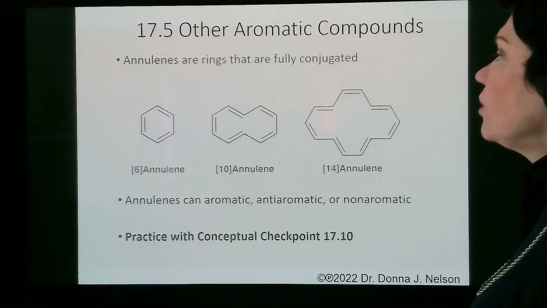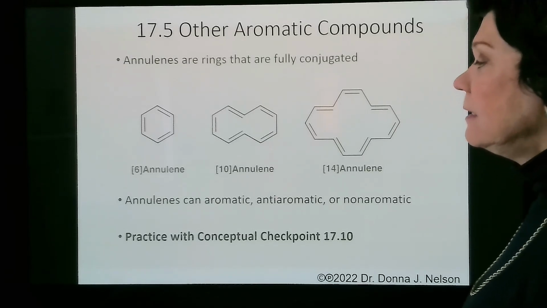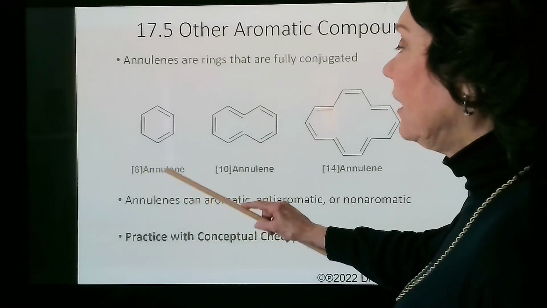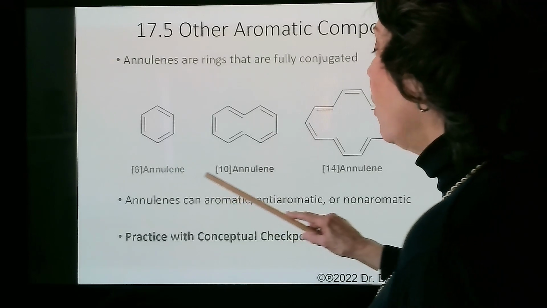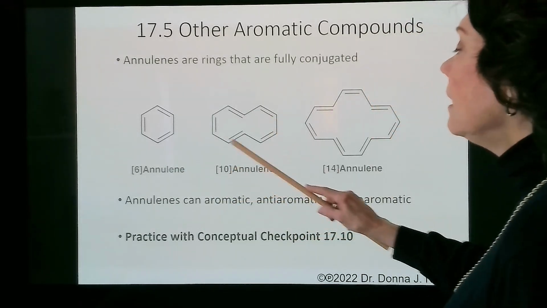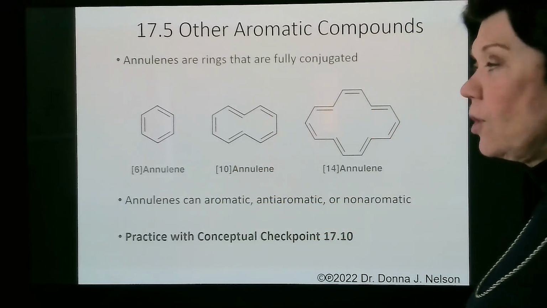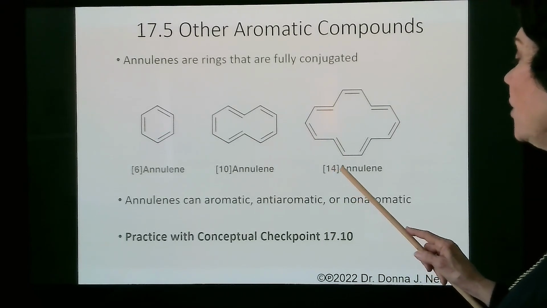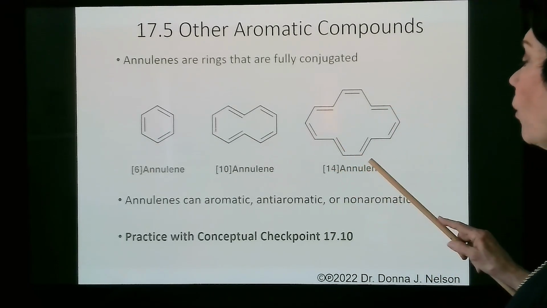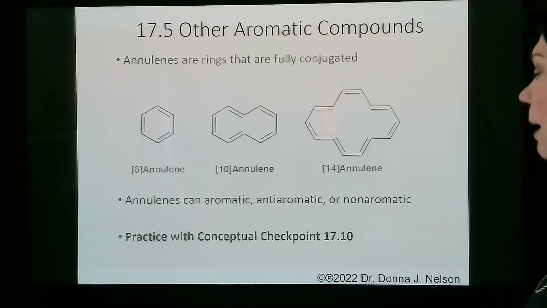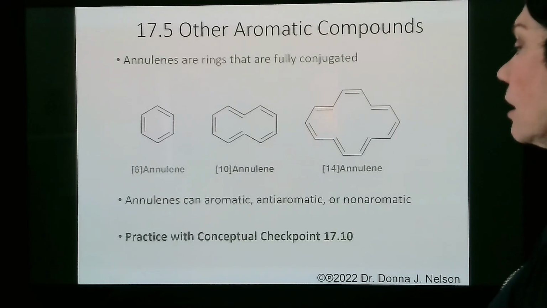Annulenes, these are rings that are fully conjugated. The name for this is 6-annulene, notice 6 carbons, 10-annulene, 10 sp2 hybridized carbons in a ring, and 14-annulene. This is 14 sp2 hybridized carbons in a ring in conjugation.